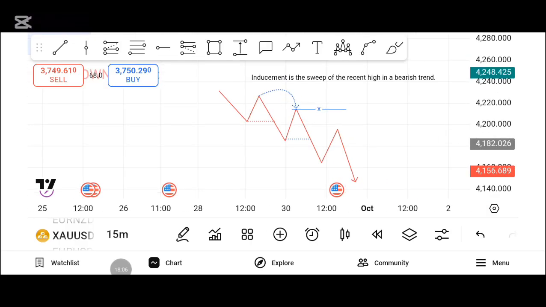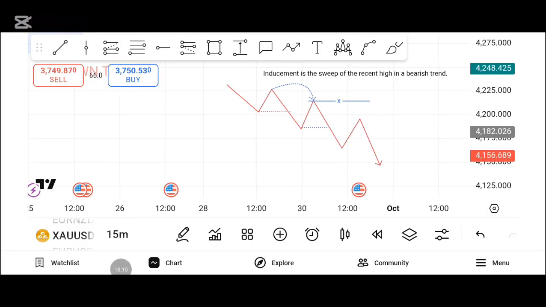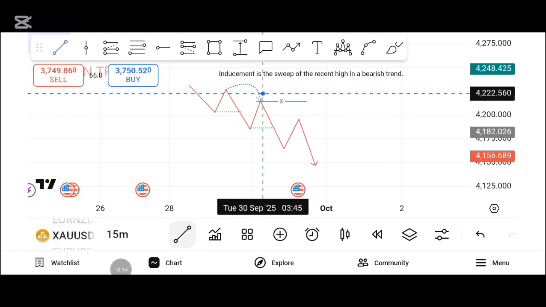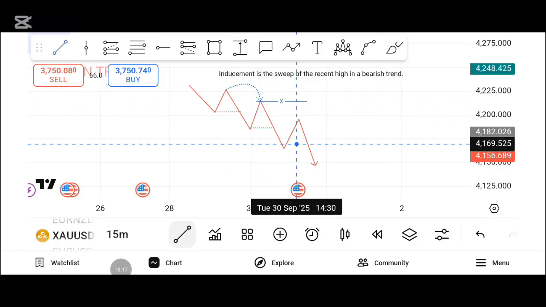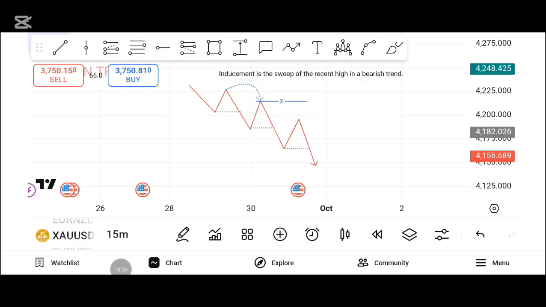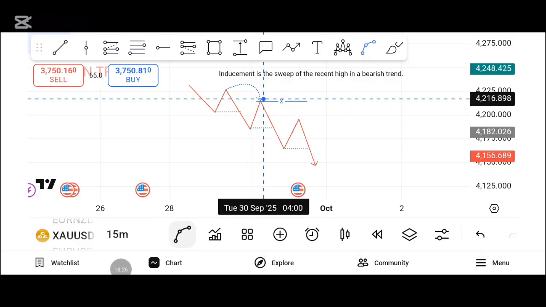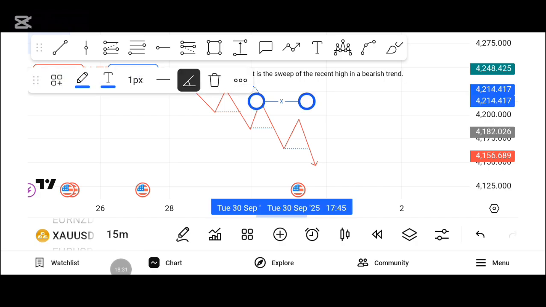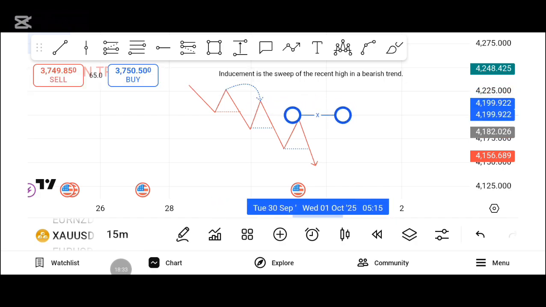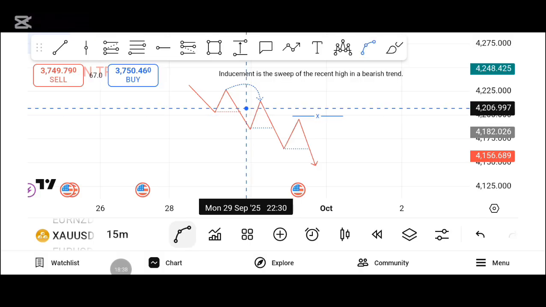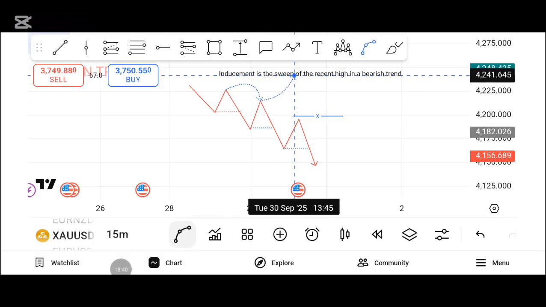Our inducement was transferred from this point here to here. After this recent break again, our inducement was also transferred from here to here, and again from this point to this point.